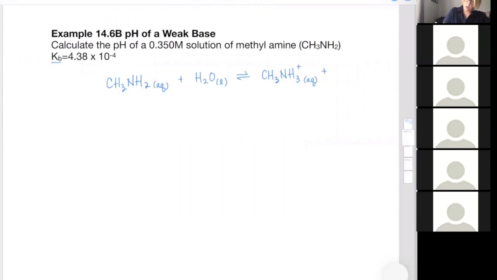And then OH negative is what makes this a basic kind of situation here. So if I take the Kb value and write an equilibrium expression for this, it's going to be products over reactants again.